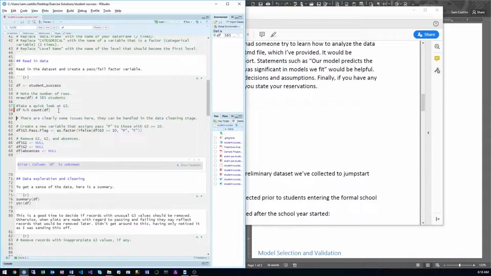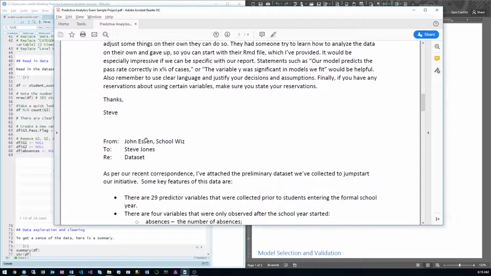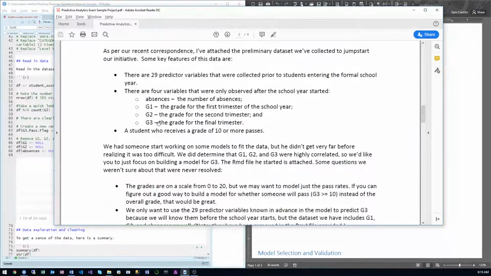I want to count the G3 column. Okay, you can see that there are some negative values, and if you look in the project statement, G3 is the grade of the final trimester.